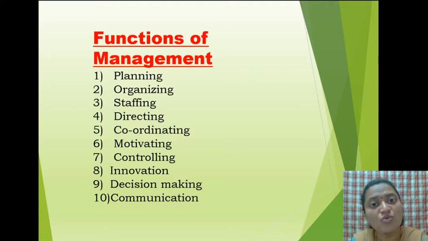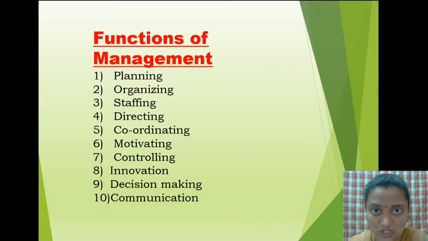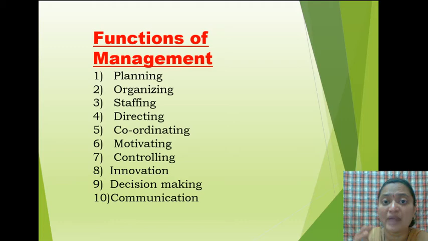Then the next one is organizing. Once you plan properly, you need to organize. Organizing means arrangement of things has to be done group-wise. Whatever plan has been made should be organized or arranged in different groups.